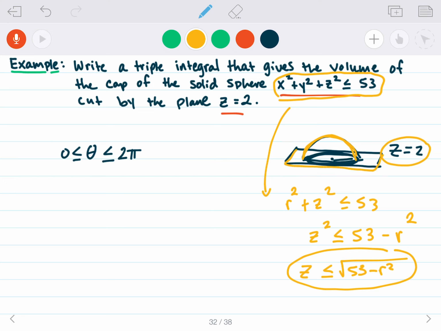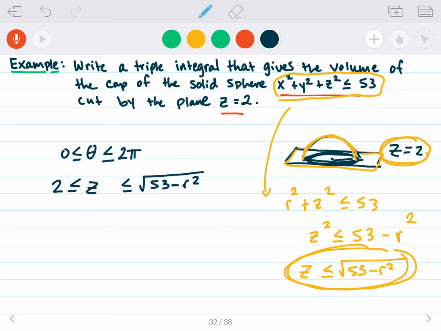That's that plane right here. So the minimum height is z equals 2. The maximum height is the square root of 53 minus r squared. So let's write that for z. z is going to be greater than or equal to 2 and less than or equal to the square root of 53 minus r squared.